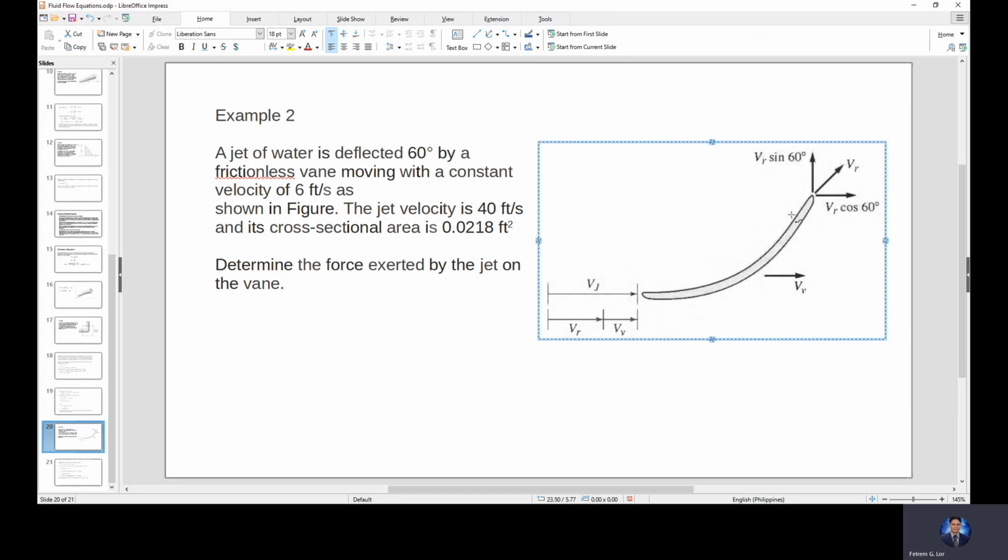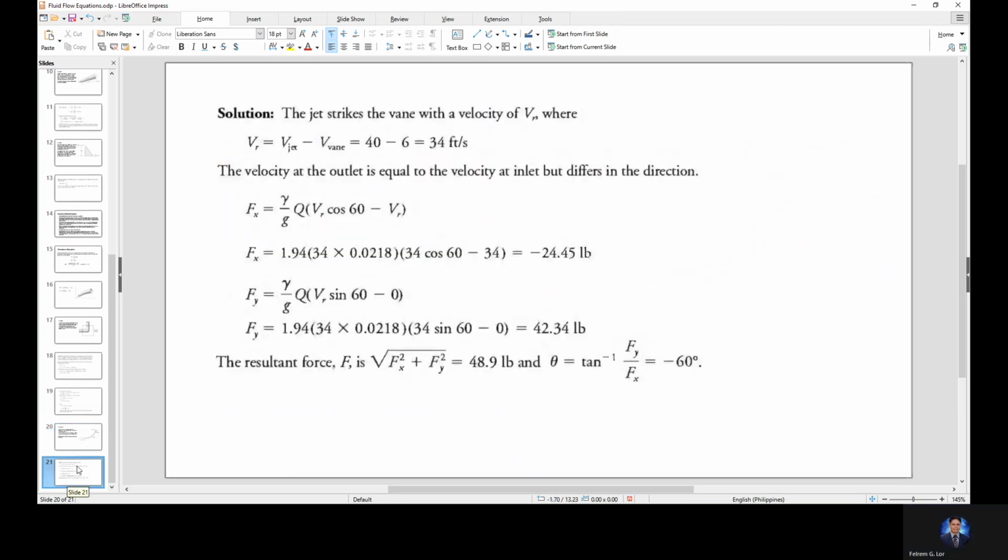Our V2 is no longer horizontal. It is inclined 60 degrees, going upward. So we have the exiting velocity, which has a y component and an x component. At the bottom, it's only the x component, our y component is 0.